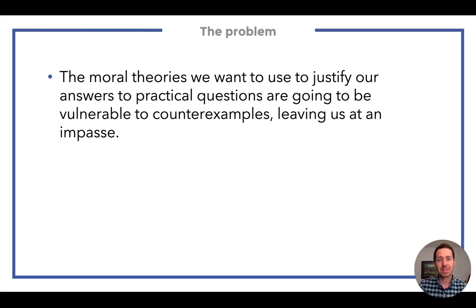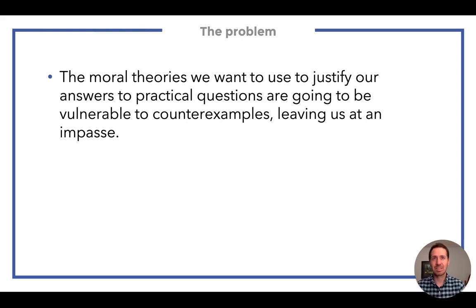All right, so the problem as I see it is this. The moral theories that we want to use to justify our answers to practical questions like this one are going to be vulnerable to counterexamples, which leaves us at a bit of an impasse. So the Kantian maybe says, well, lying is wrong, it violates the categorical imperative, so no, the girl's behavior was not okay.